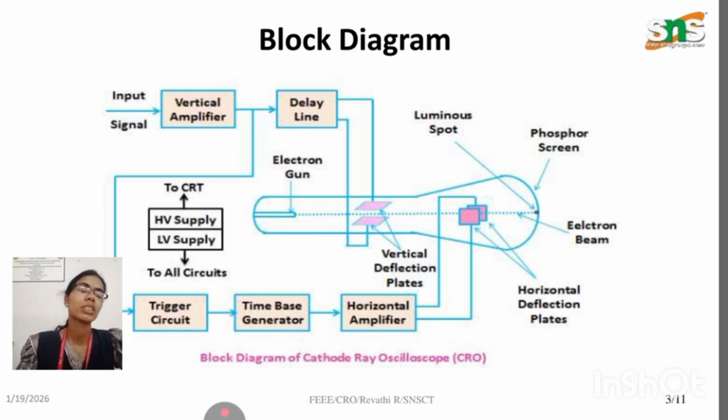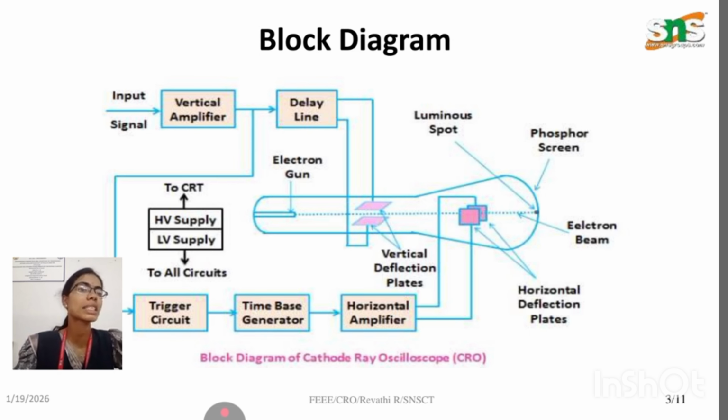Both horizontal and vertical amplifiers are employed in the electron gun. The horizontal deflection plate collects the horizontal amplification, whereas the vertical deflection plates collect the vertical amplification. These two deflections act on the electron beam, and the screen is a phosphor screen, which is green or blue in color.